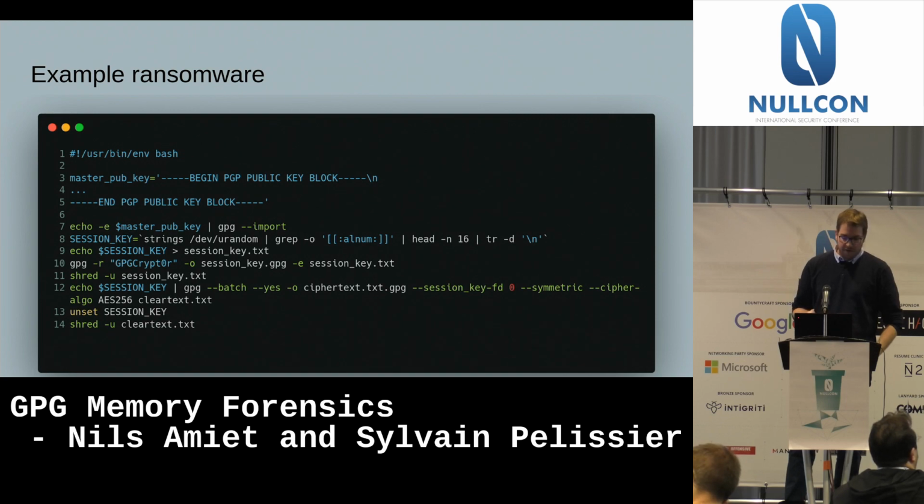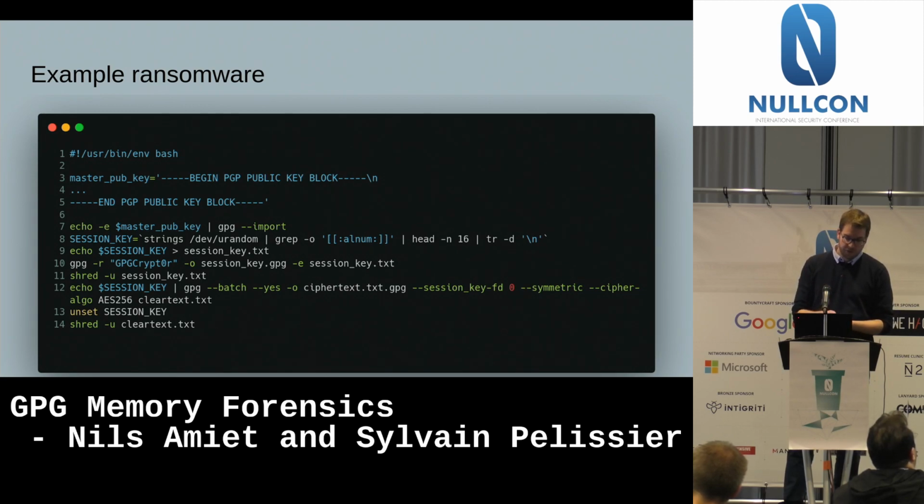Lines 8 and 9, we generate a random session key and write it to a file called sessionkey.txt. Then on line 10, we use the master key, the GPG crypter is just the key that corresponds to lines 3 to 5, to encrypt the session key file.